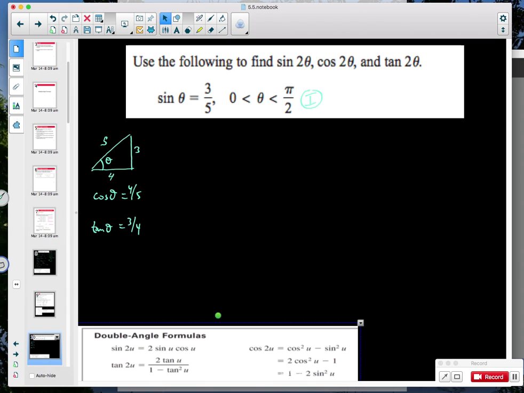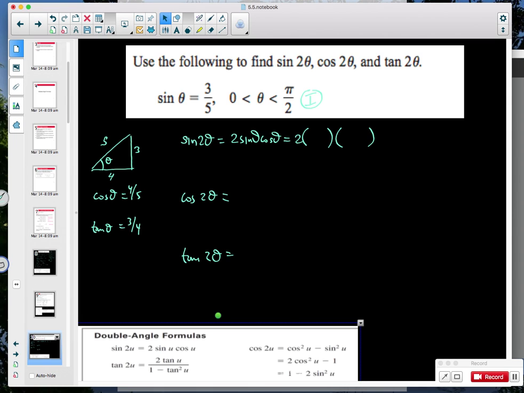And now we're going to have to find first the sine of 2 theta, and then the cosine of 2 theta, and then the tangent of 2 theta. So I'm just going to use the formulas that are given down here. For the first, it's going to be 2 sine theta cosine theta. So it's twice the numbers that I just used here on the left side.